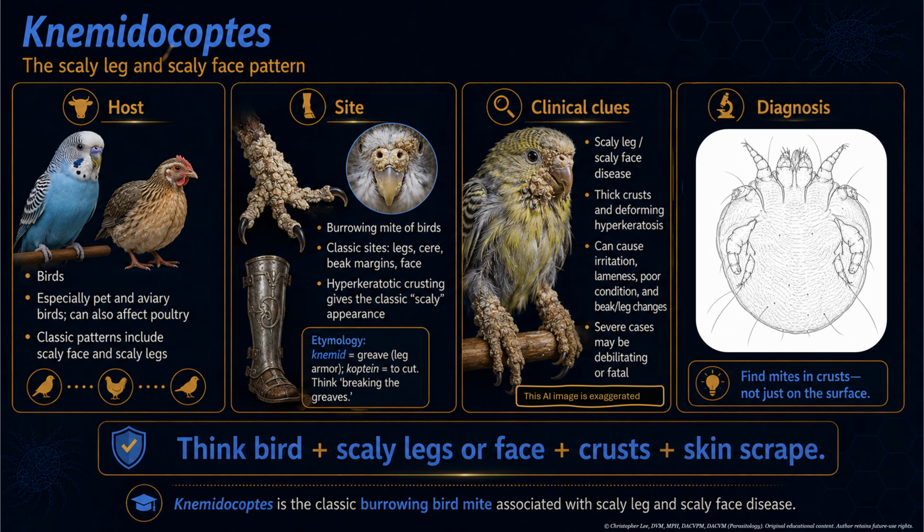Clinically, think birds, especially pet and aviary birds with scaly legs, scaly face, beak margin lesions, and hyperkeratotic crusting. These are burrowing mites of birds, and severe cases can cause irritation, lameness, poor condition, beak or leg changes, and debilitation. Diagnosis is by skin scrape or crust examination from affected legs or face. With the caudal set of legs being shorter than its body, we can confirm that this is a burrowing mite.